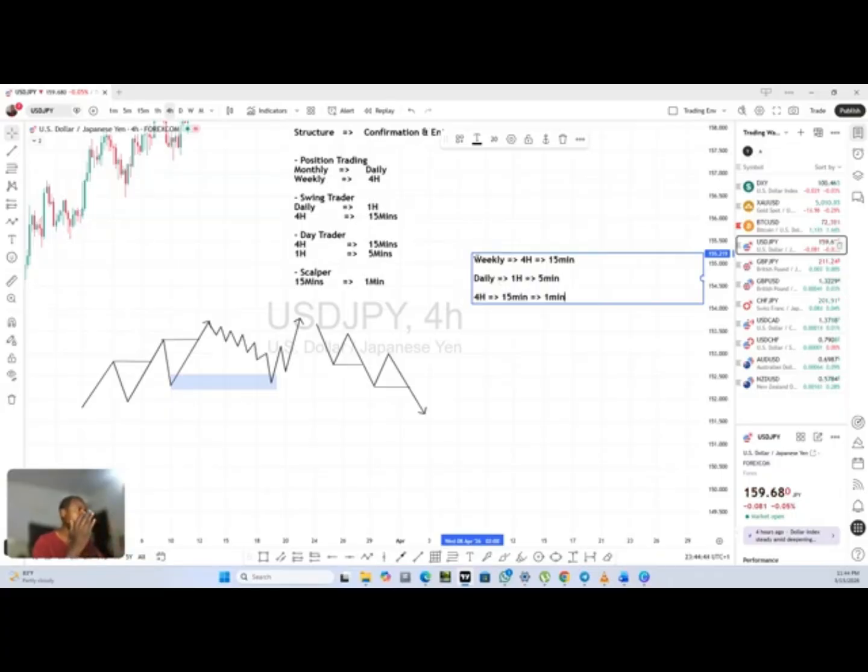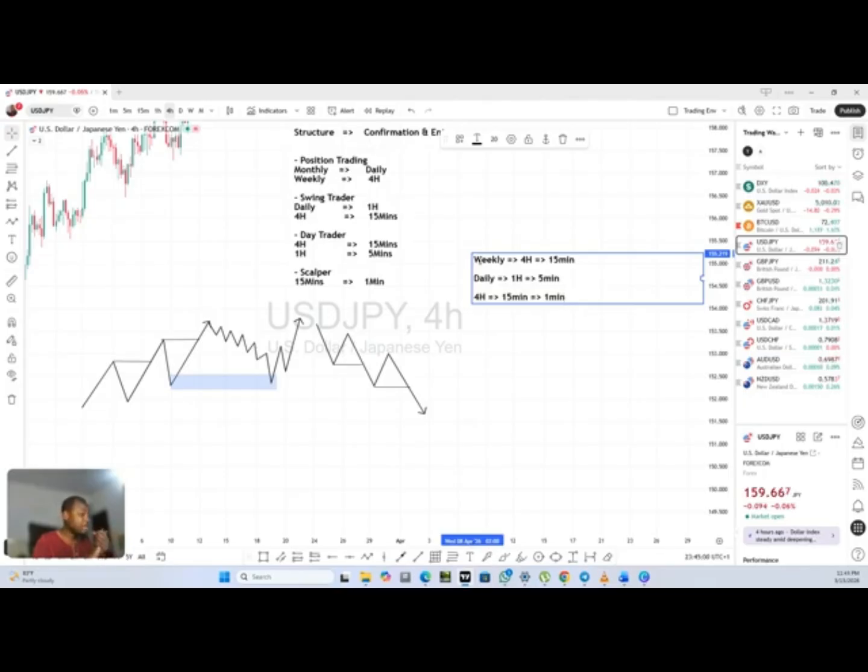For example, if you are using this set, weekly, what you are going to find out in weekly is what is the market direction.